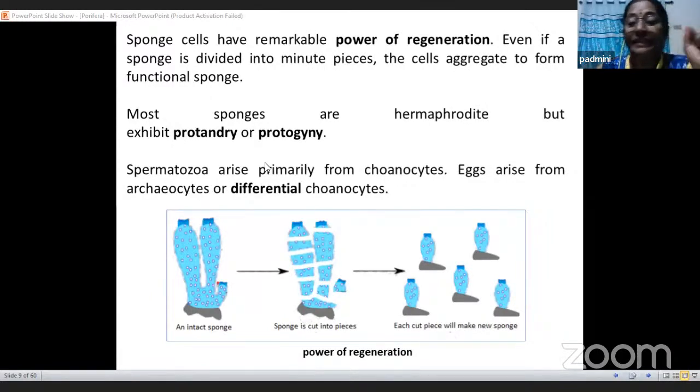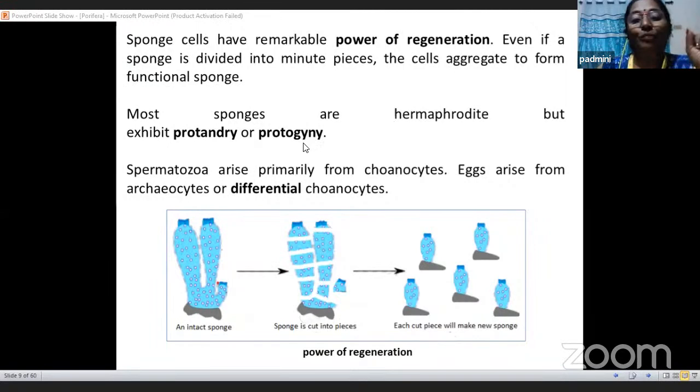What is protandry over here? Protandry is the development of the male reproductive organ first and then the female reproductive organ. But if an individual has protogyny, I'm talking about this only in a hermaphrodite. Okay, don't get confused with separate individuals.